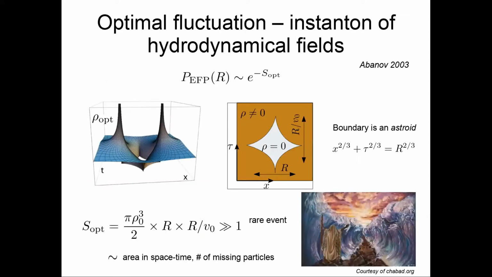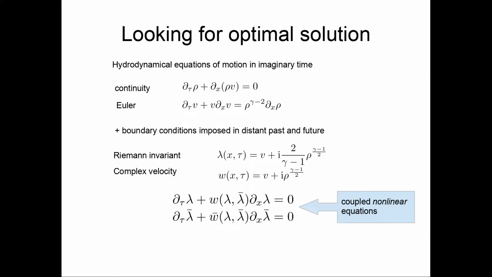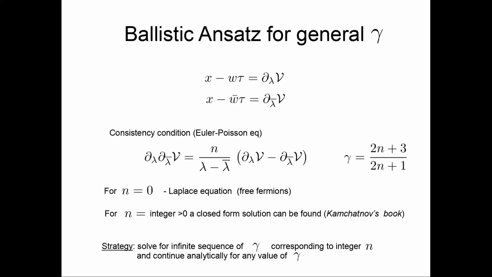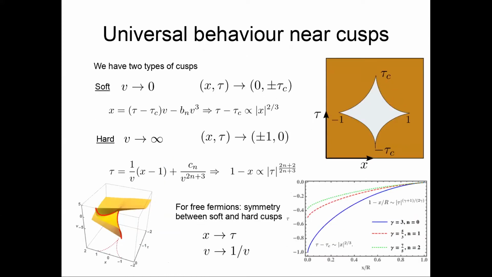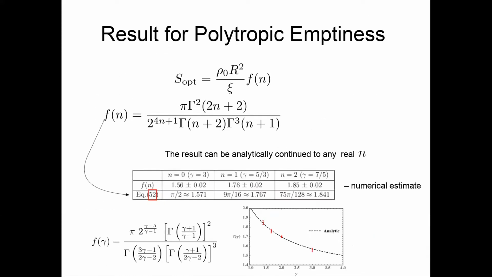So it would be nice to have some ideas about any statistical model which can have a polytropic equation of state, so that our results would be valid.